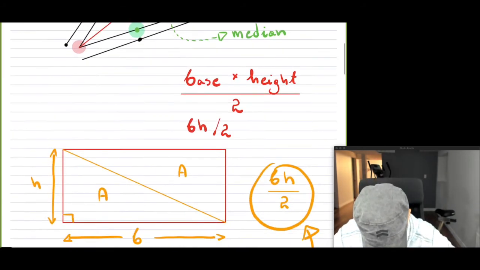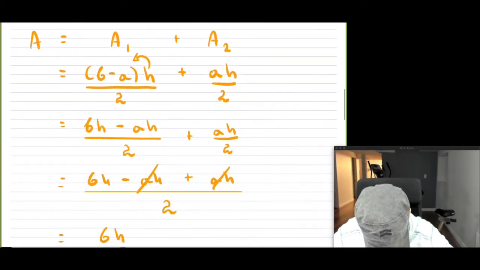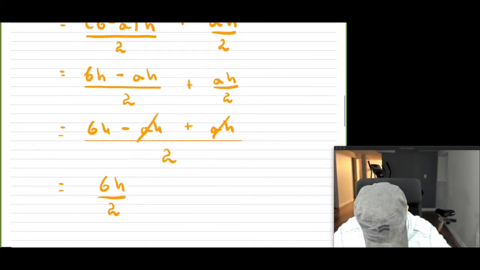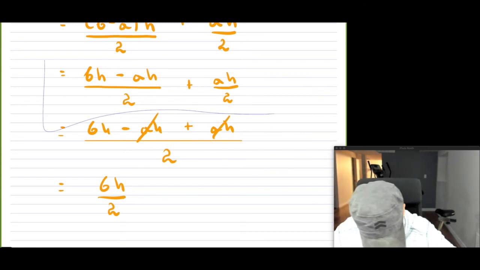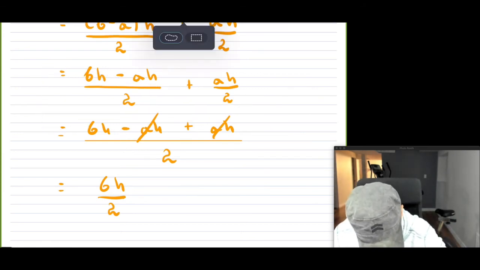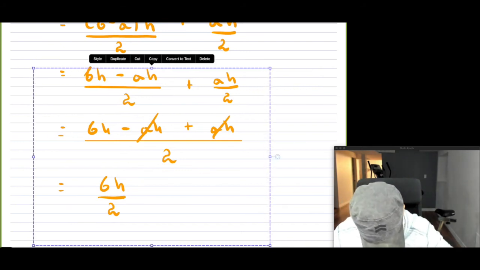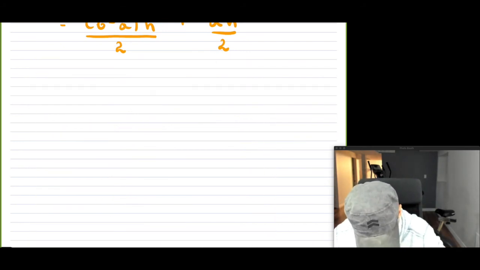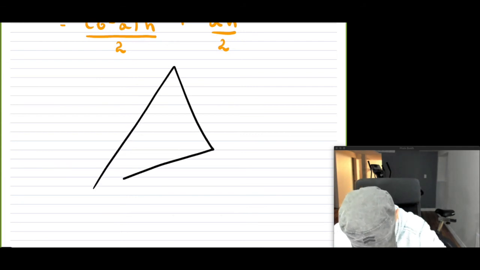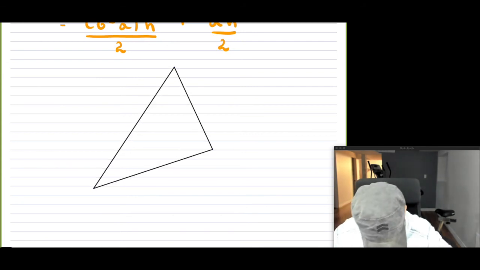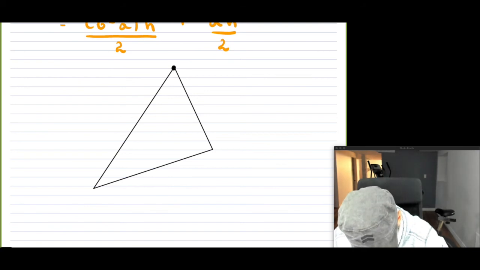A very common one, if you're in school: let me clean this up a little bit now that I don't need this. If you take a triangle, for instance, some triangle like this, and you have your vertices right here.